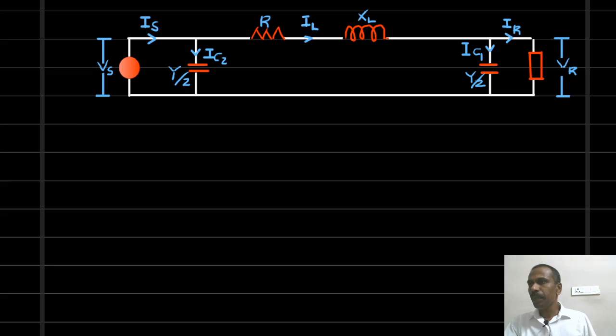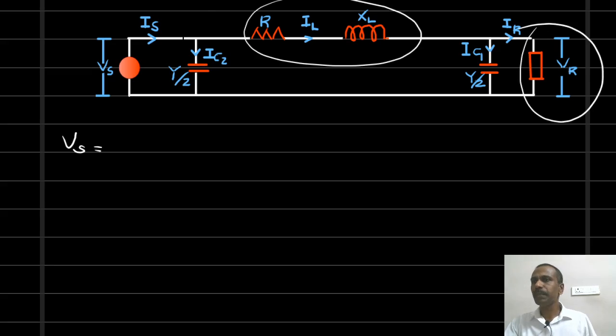Now let me write the sending end voltage equation first. Vs is equal to, as you know, the source voltage or the sending end voltage equals the receiving end voltage plus the drop in the transmission line.